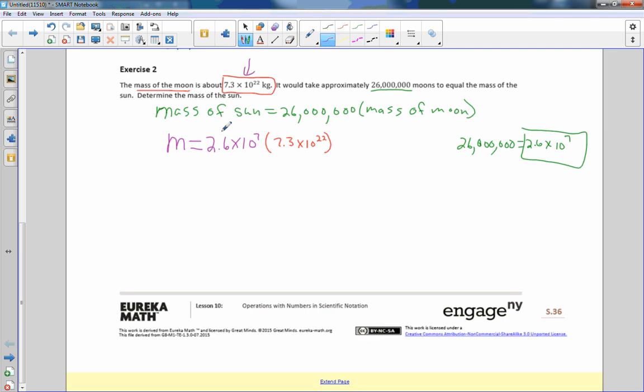So we multiply these two numbers: 2.6 times 7.3 equals 18.98. We have an exponent here and an exponent there, and we are multiplying, and the rule says to add our exponents. So the mass of the sun equals 18.98 times 10 to the 7 plus 22, which is 29.